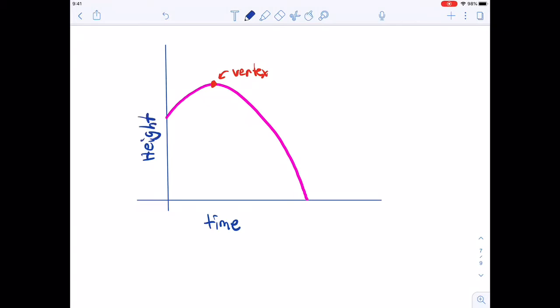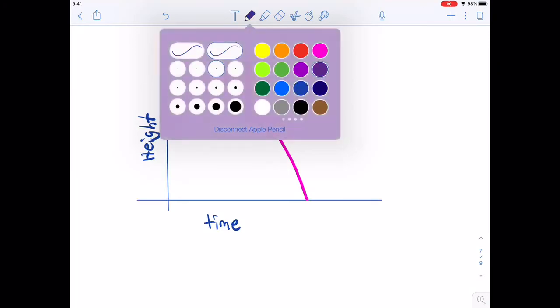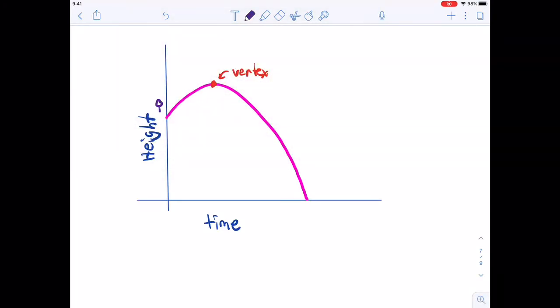So if we're given a person that's throwing or kicking a ball, whatever it is, off the 3rd floor, right there you can tell what the initial height is. It's right here. That's your y-intercept, the initial value.